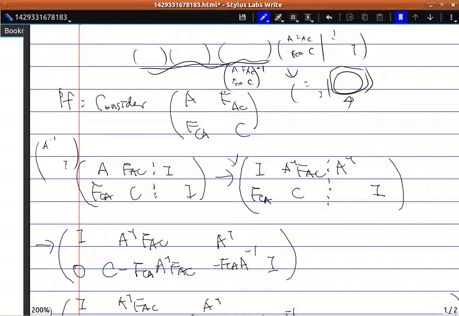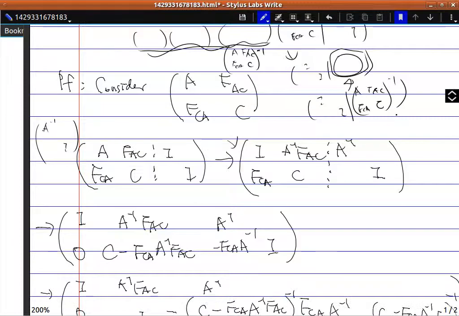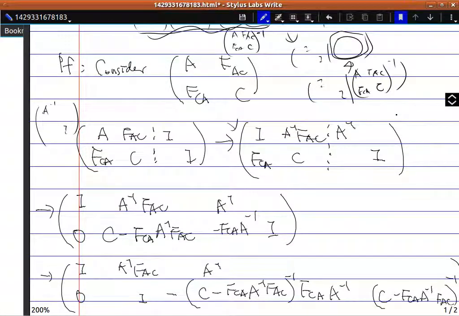So after a number of row operations, what I get will have the form I and the inverse of A, FAC, FCA, C here. Okay, this is just some background information. I assume you know that, but maybe it's just a reminder if you don't recall it immediately.